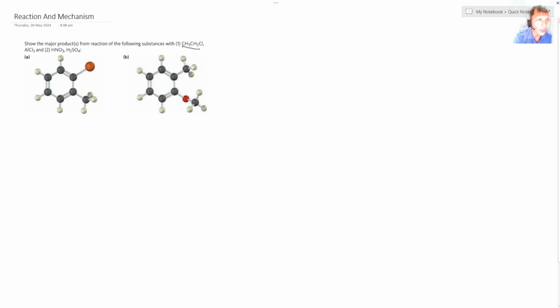So that would be your answer for letter A. You have a benzene ring, the bromo, and the methyl group CH3, and the possible product would be you may attach here the CH2CH3, because your chlorine would be replaced, of course, from the mechanism, and we would just avoid the mechanism of that.